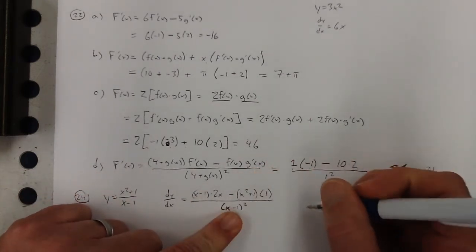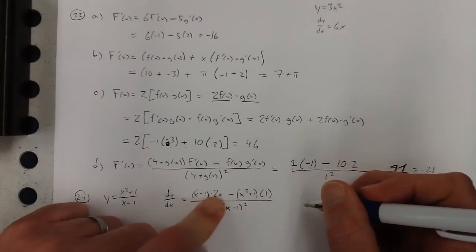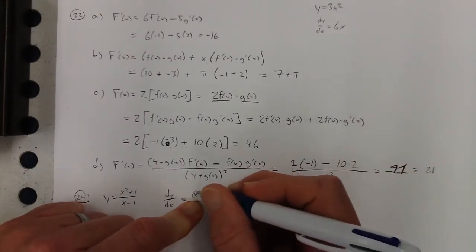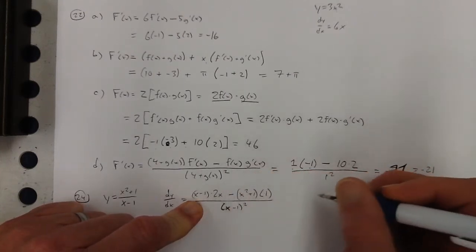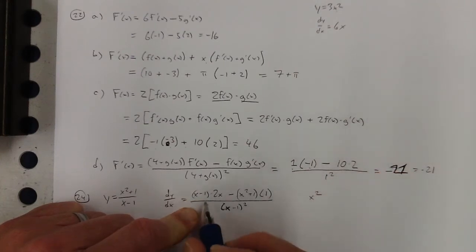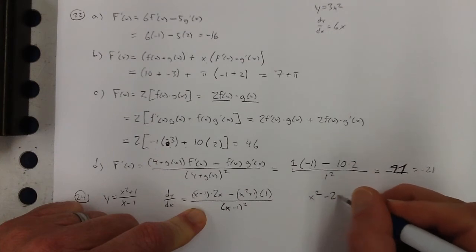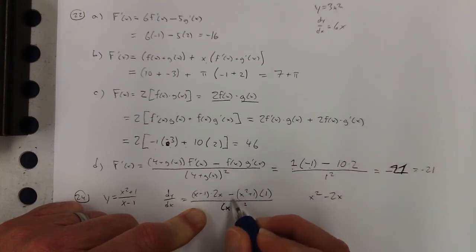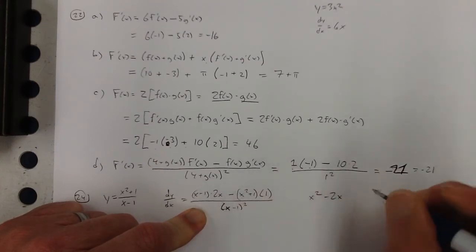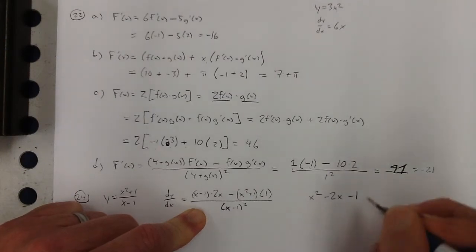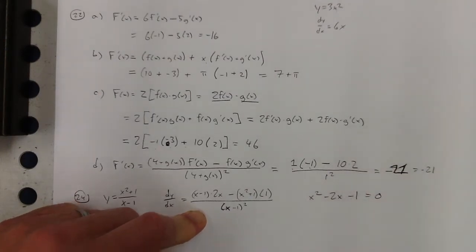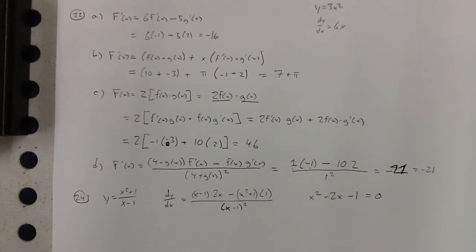So let's see. I've got here on the top 2x squared minus x squared minus 2x and minus 1 equals 0. Looks like, I think that's good.